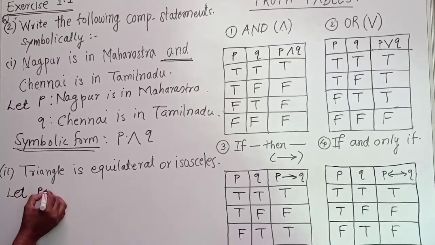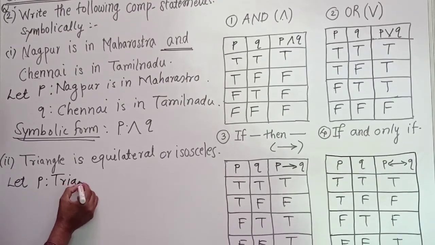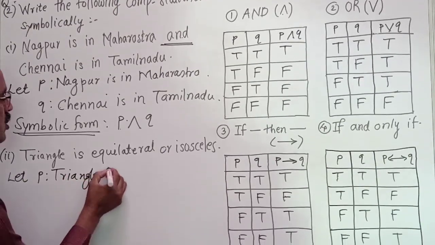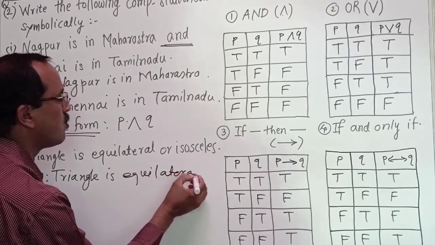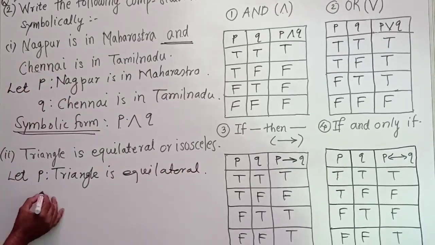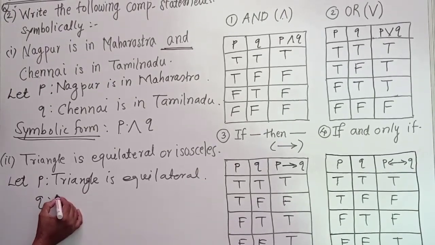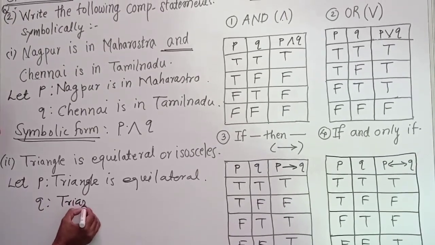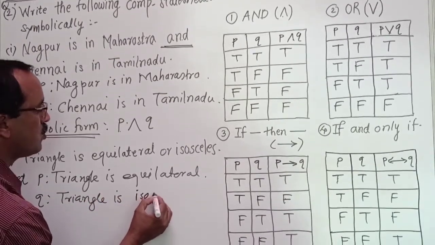Let P be the statement that triangle is equilateral, and the second statement Q is defined as triangle is isosceles.